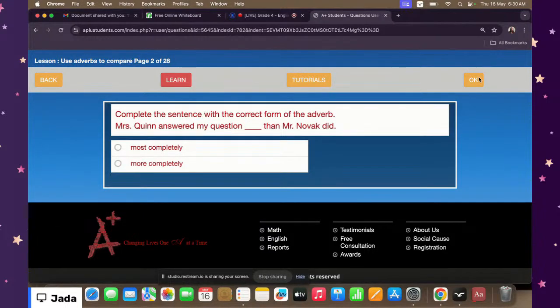Okay, complete the sentence with the correct form of the adverb. Mrs. Queen answered my question dash than Mr. Novak did. More completely or most completely? Which of the above? More or most completely? Which is the right one? So is it most completely or more completely?